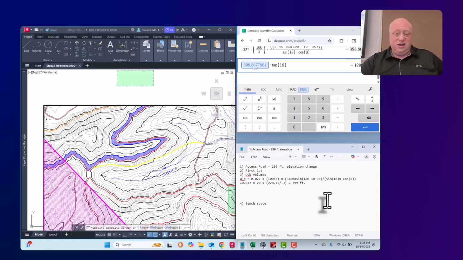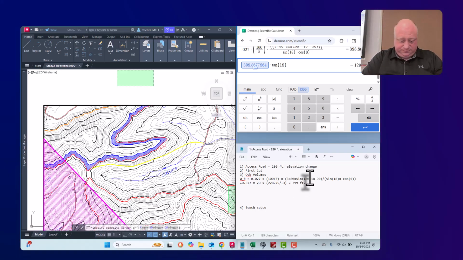So yeah, you can, I guess, mine that if you want. Most likely you'll probably limit it to be less than that, because at some point you're going to need a safety bench, or it's going to need to be at an angle that's not 90 degrees, and about 100 feet is where that's at.